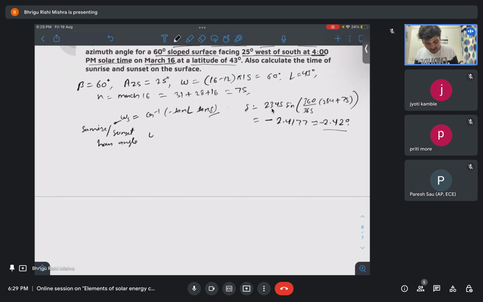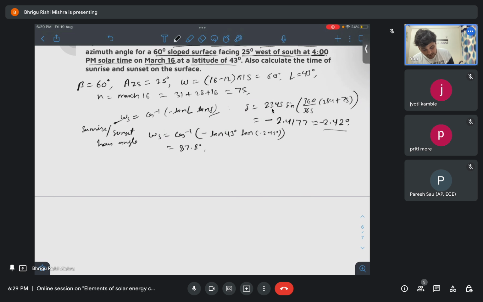So omega s is cos inverse of minus tan 43 degree tan of minus 2.42 degree. So omega s will come around 87.8 degree. So this is omega s.